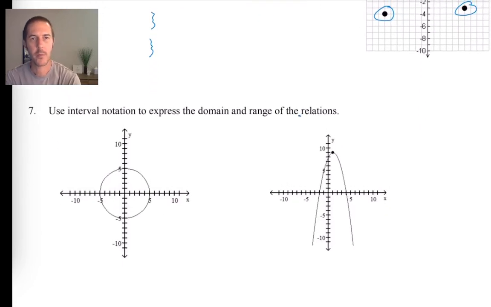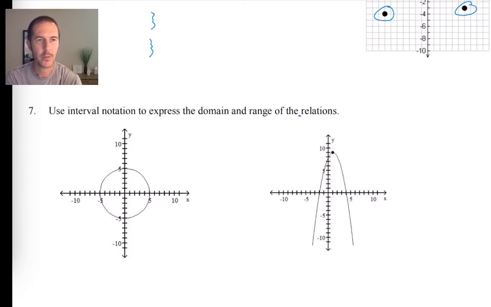So we've gone from actual, literally sets of ordered pairs, and then we've seen some mappings, and then we saw points that were plotted. And now in number 7, we're seeing what look like more traditional graphs. And we're still being asked to express the domain and the range of these relations.